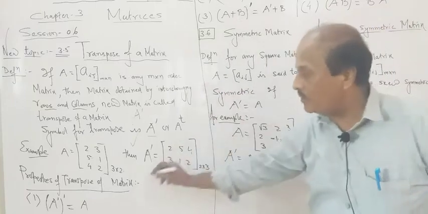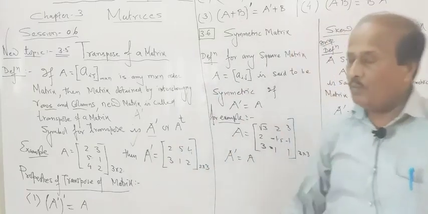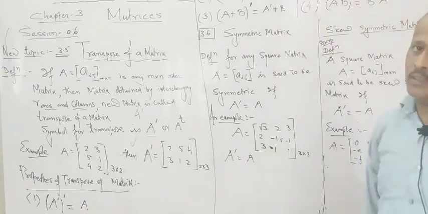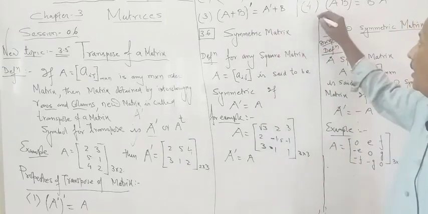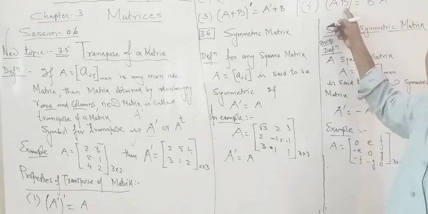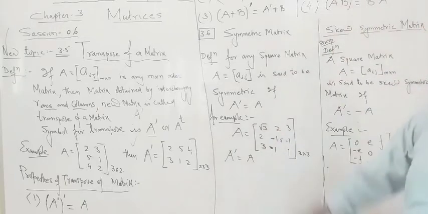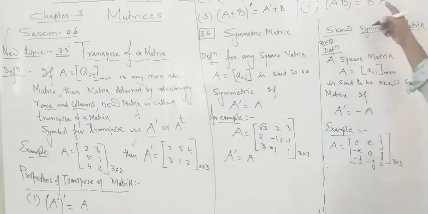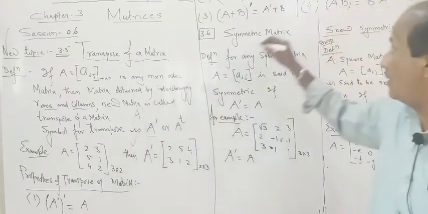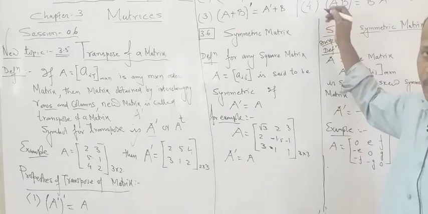So these are 3 easy properties, but the most important property, very frequently asked in a board exam, is (AB) dash. It means A into B multiplication and then its transpose will not be equal to A dash into B dash, but it will be B dash into A dash. Many times I have seen this in 12th standard question papers as a question.